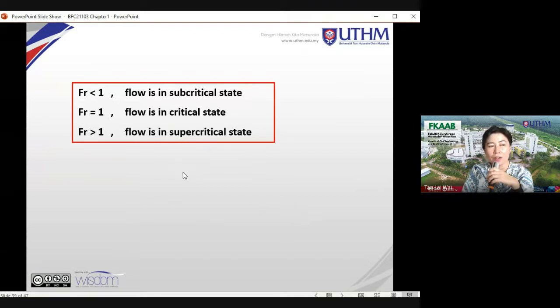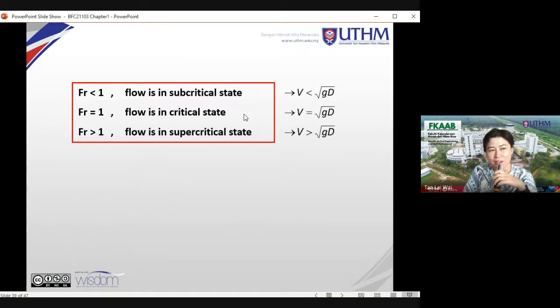So now, look at this. What I'm trying to mention here, if you look at the formula, Froude number is V over square root GD. What if velocity is less than square root GD? That means your velocity is small compared to your gravitational force, so the flow would be in subcritical state.